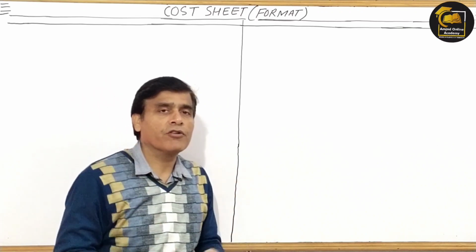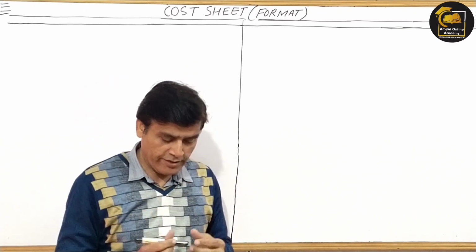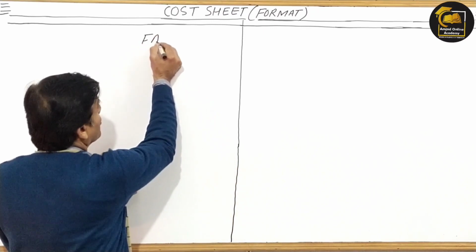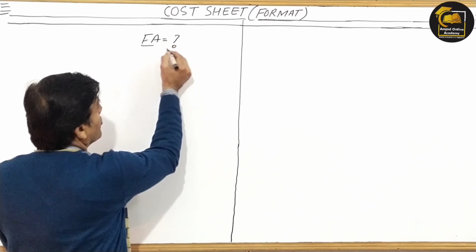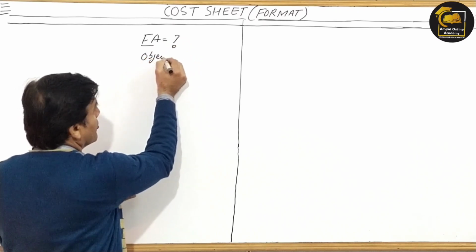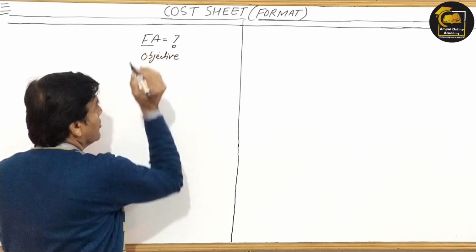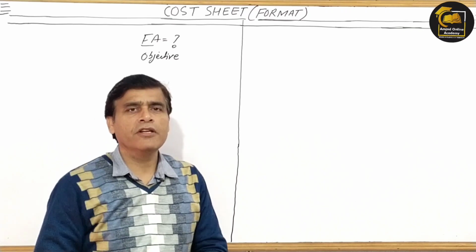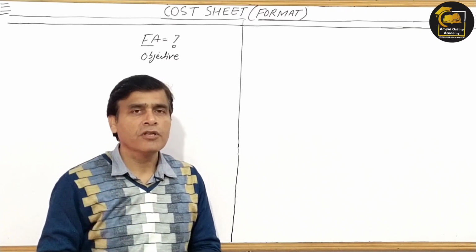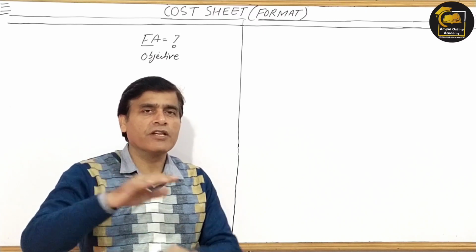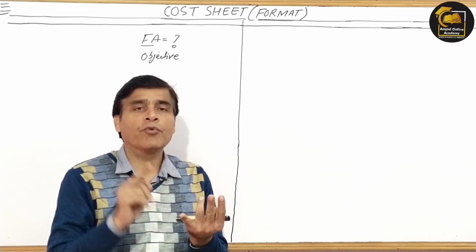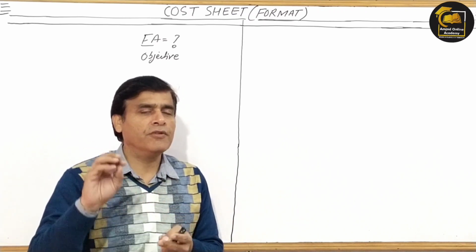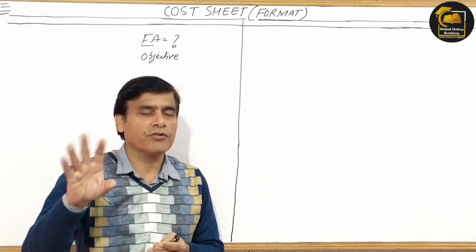If you have already studied financial accounting, what is the basic objective of financial accounting? There are several objectives given in the books, but the basic objective of financial accounting is just to calculate the profit and loss of the business and to judge the financial position. This is the primary objective of preparing the financial records, isn't it?